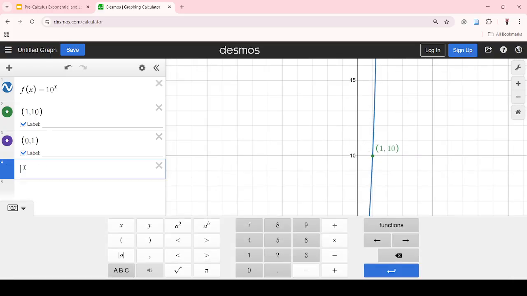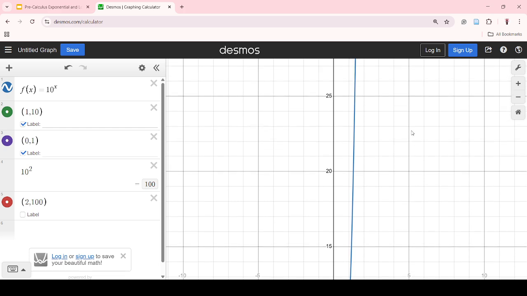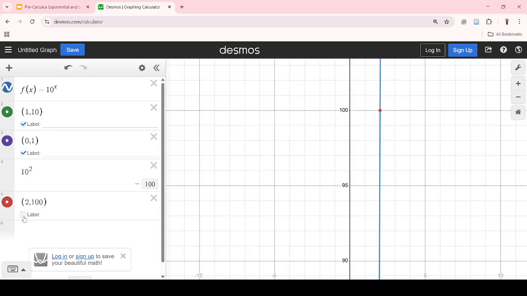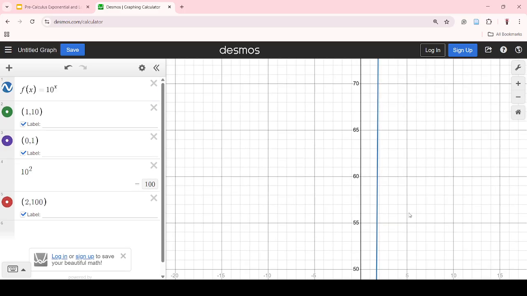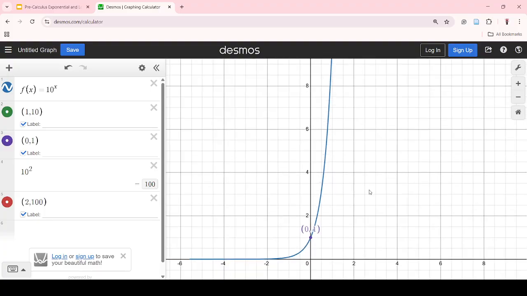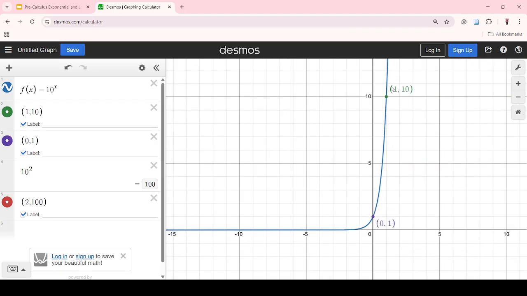Oh, excuse me, that's why. I'm so sorry. 10 to the power of 2 is 100. So it would intersect on 100 instead, not 220, because 10 times 2 is 20 and 10 times 10 is not. And that is your point 100 right there. I would just like to scroll back in just so you can see this graph just a little bit more. This is an exponential function example.